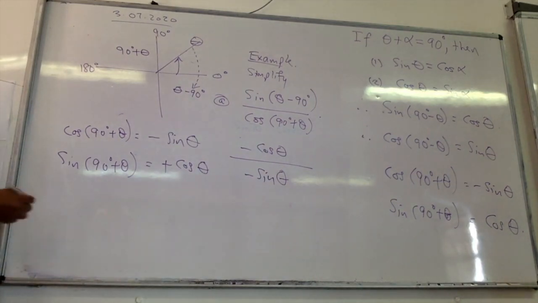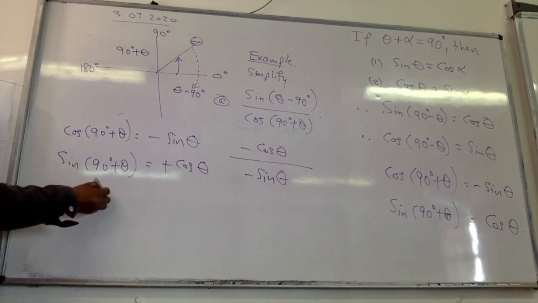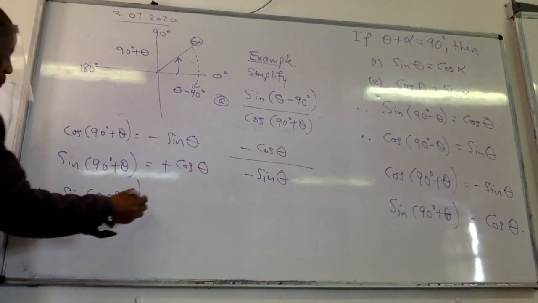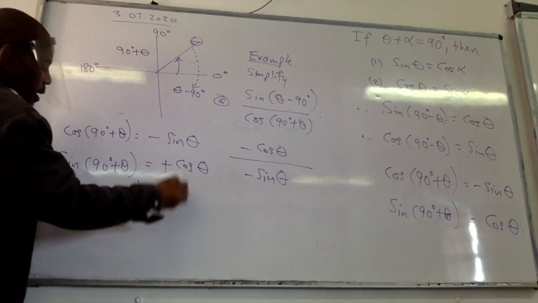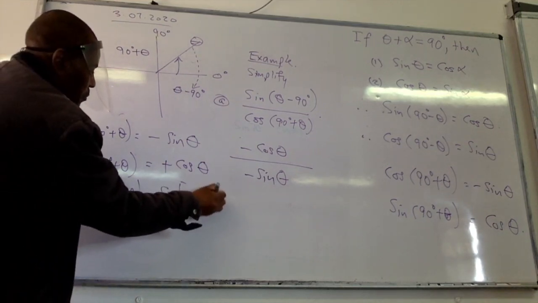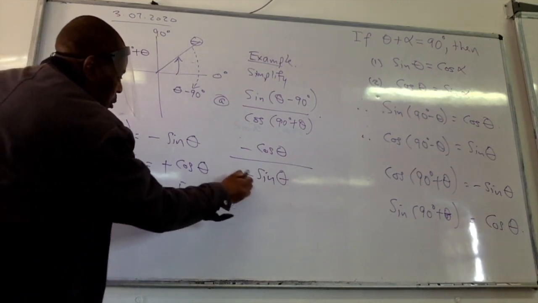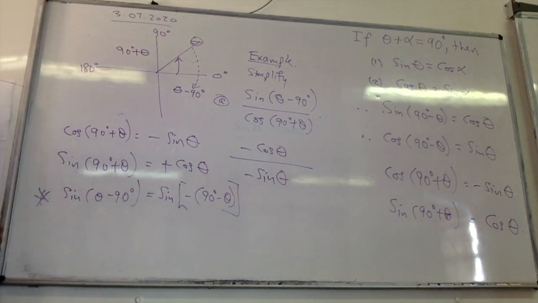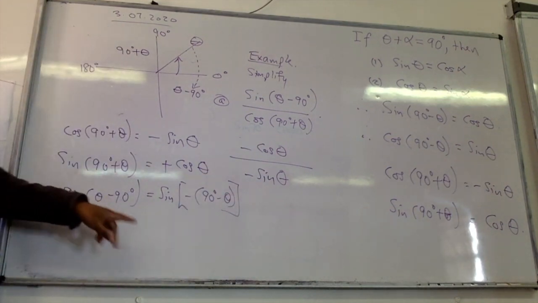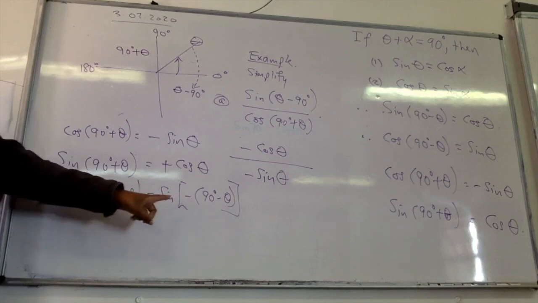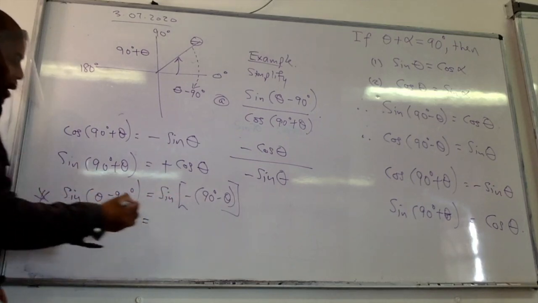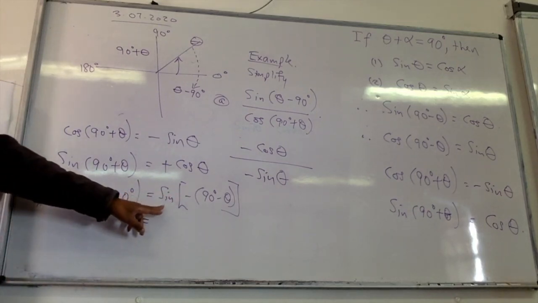Otherwise, if you want the long way, that thing is sine of theta minus 90 degrees, which you can write like this. I don't think anybody wants to go that long way. You see what I'm doing? I'm changing the signs, so because I've changed the signs, I need to put the minus outside. Now I'm going to use the negative angles.